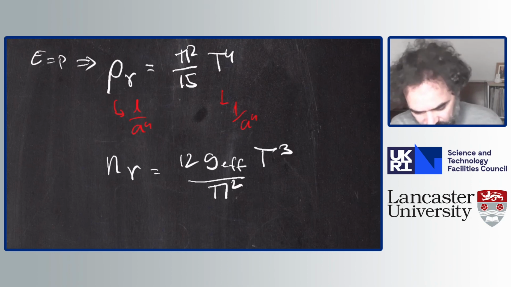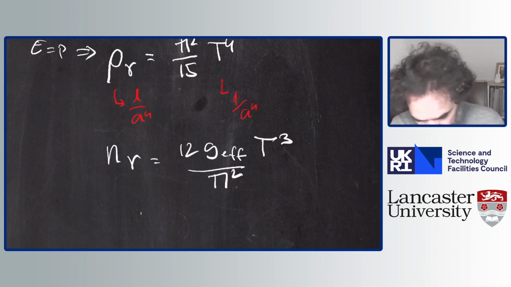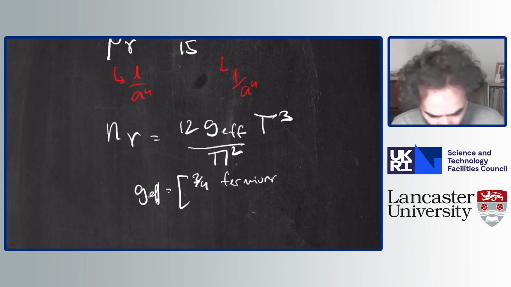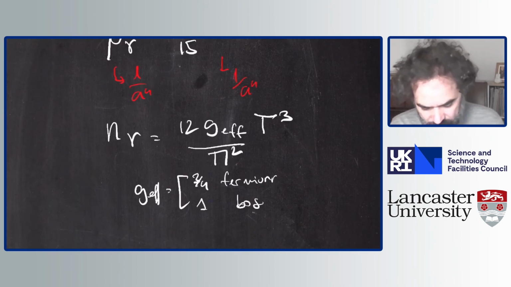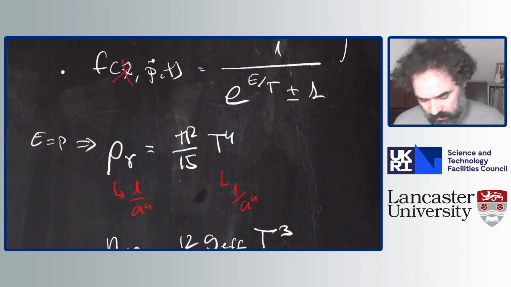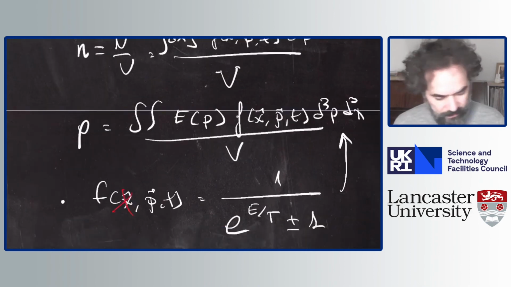So g effective is 3/4 for fermions, and it is 1 for bosons. Okay? So all these are properties that, again, you can compute simply by solving the integrals that I showed you before.